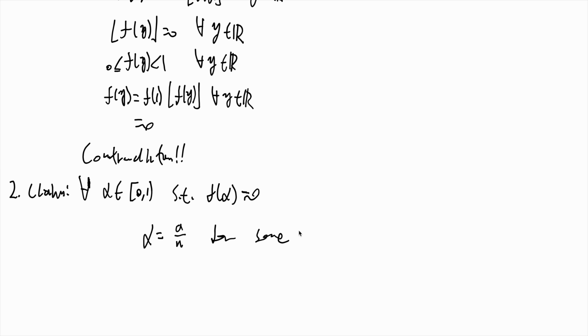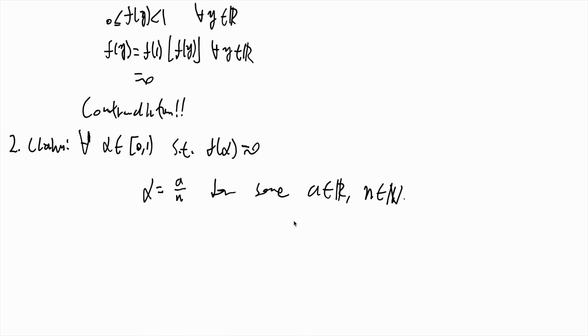For some a and n in natural numbers. And this is totally fine because even though we don't know if a is a rational number or not, it's still fine to write it like this because a is defined in all real numbers. So it could be irrational too.